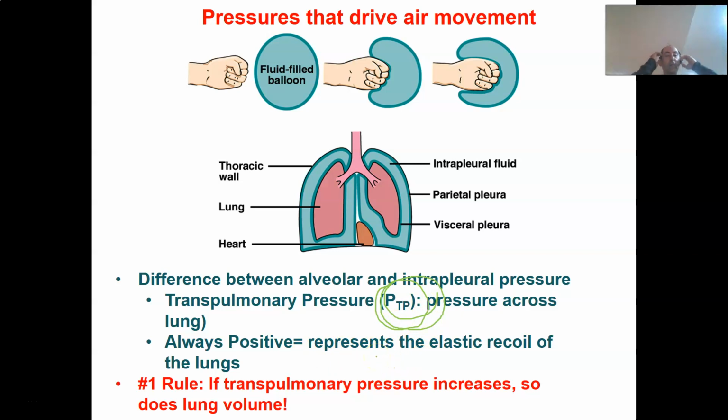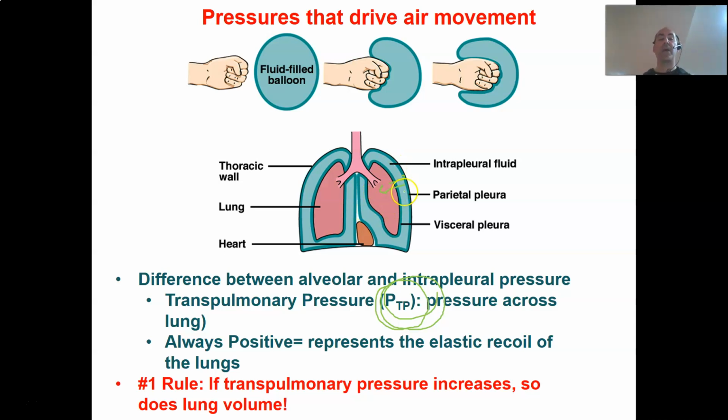So the transpulmonary pressure wants to make the lungs collapse, right? The intrapleural pressure wants to hold the lungs open. So these forces balance.